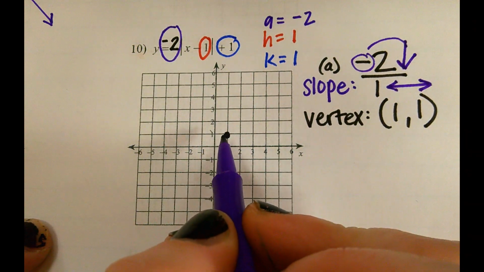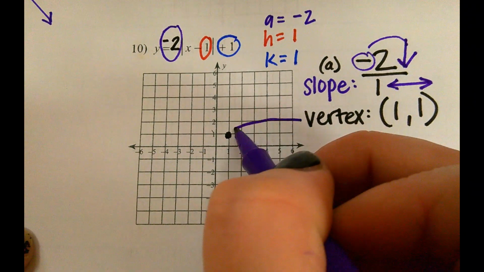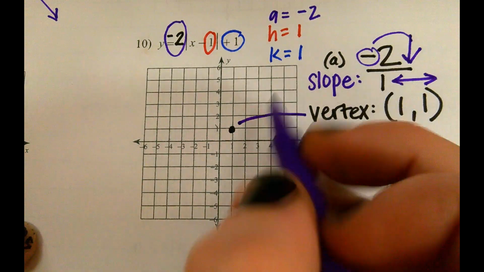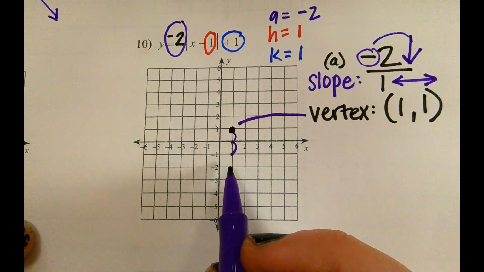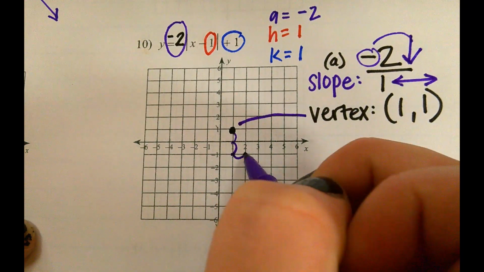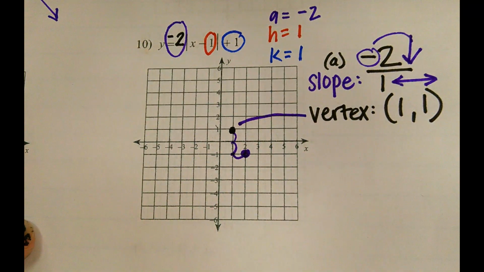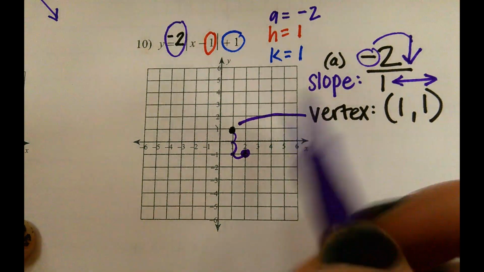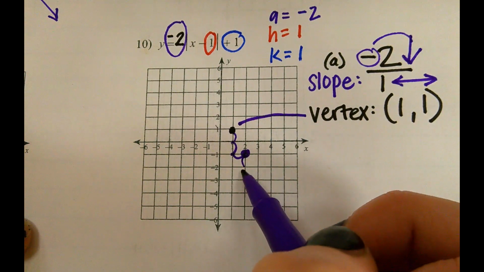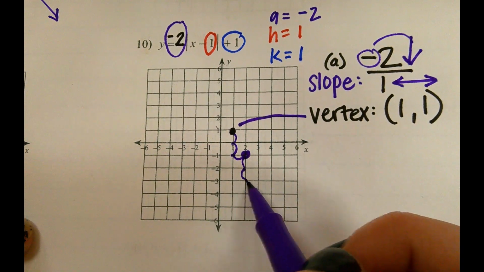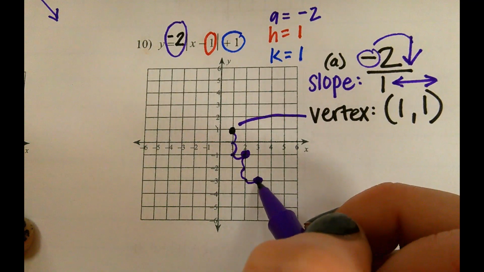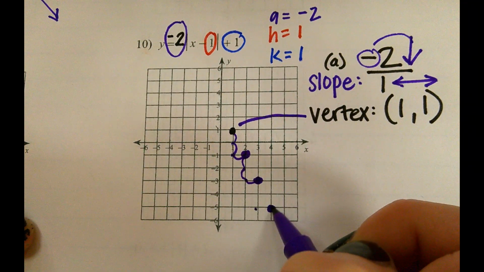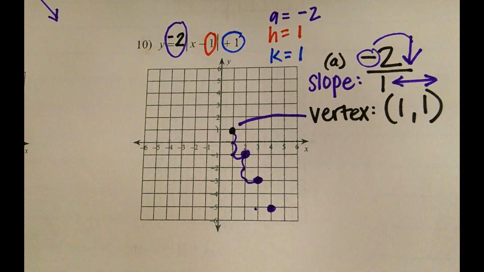So from my vertex, we go down 2 this time over 1. There's a point. See what happened? We can do it again. Down 2 over 1. There's another point. Down 2 again over 1. Another point.